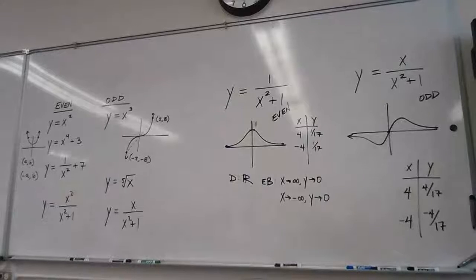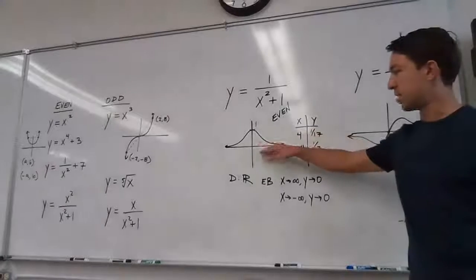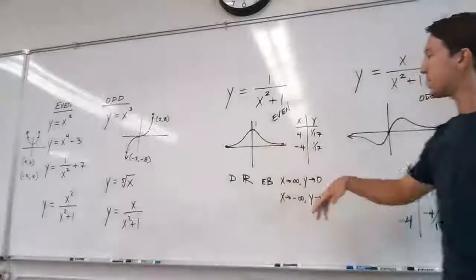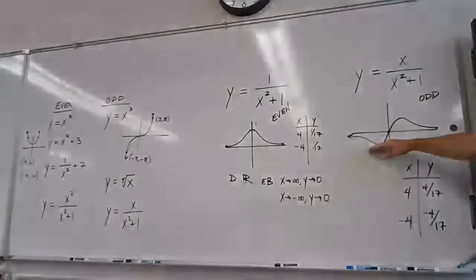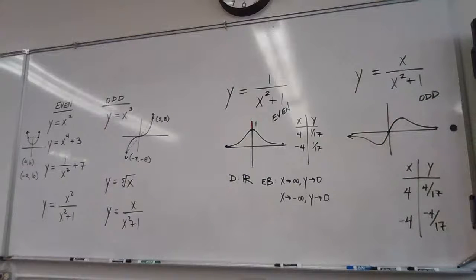Very good. Anyway, this one has an interesting range. This one's range is 0 to 1, not including 0. This one's range is some negative value to some positive value, but it's not 1.